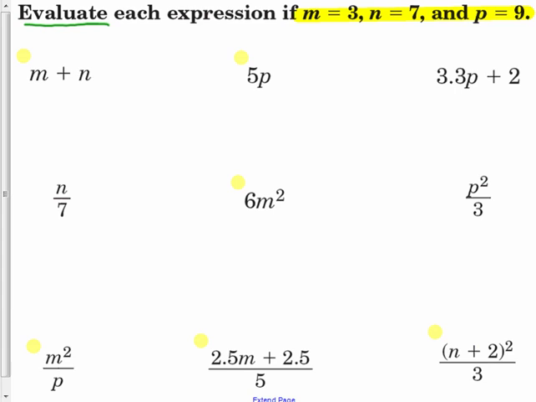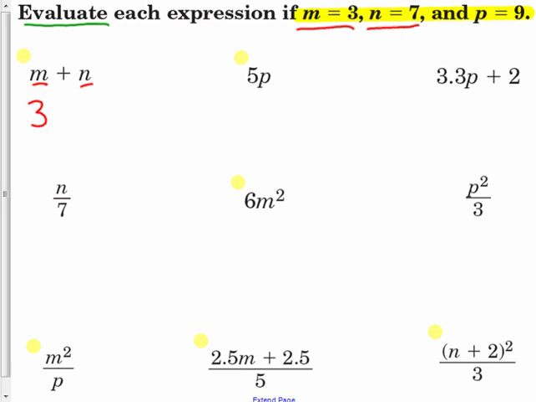So let's look at a few examples of this. The first one we're going to look at is m plus n. And what you need to do to start with is change the values of the variables. All right, so m, we know from our rules, is equal to 3. So in place of the m, I'm going to put a number 3. And n is equal to 7.